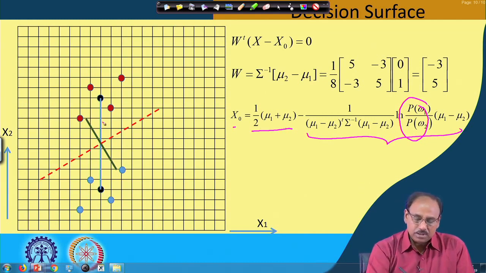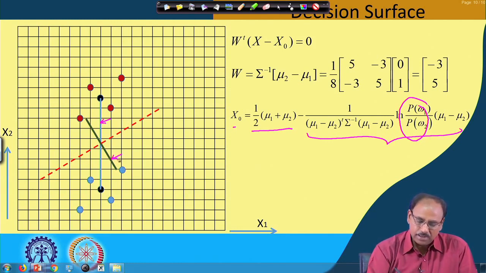So, this dark blue line is the line joining mu 1 and mu 2. Dark green line is sigma inverse mu 1 minus mu 2, and this dotted red line is the line which is orthogonal to this dark green line, and it passes through x naught, where x naught is half of mu 1 plus mu 2.